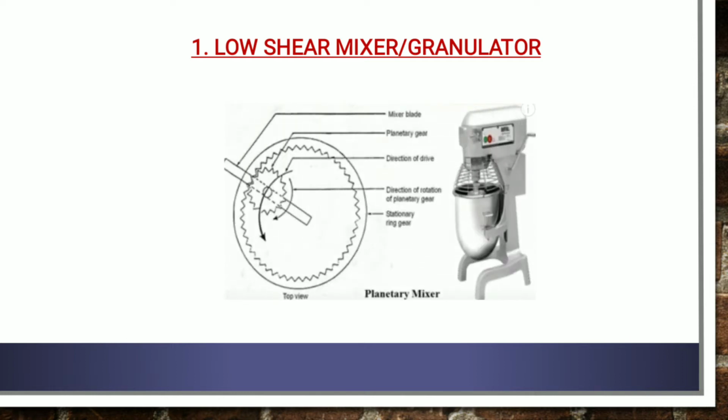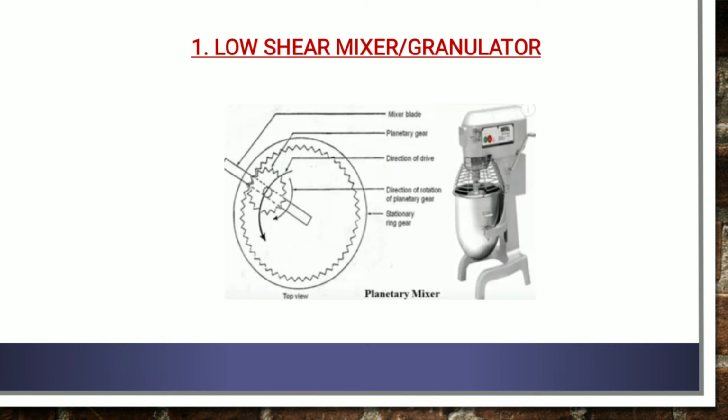Low shear mixers include equipments like barrel, cube, twin shell, double cone, ribbon, sigma blade, planetary mixer, etc. However, these mixers are mostly replaced now with the high shear mixers or granulators. However, the planetary mixer, which is a type of low shear mixer, is still of quite importance.